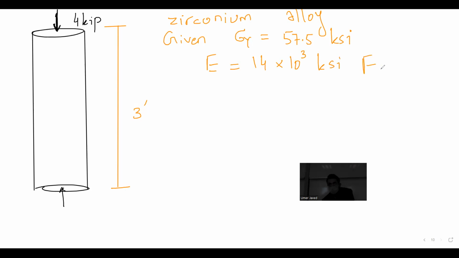Because if I remember, E was stress over strain, so its units are pascals or kilopounds per square inch, and strain is dimensionless. The question says, if the factor of safety is 3, find the radius.